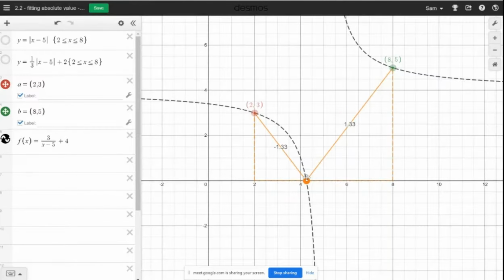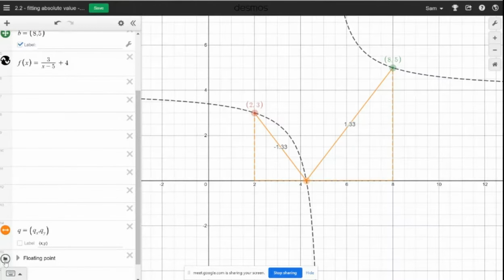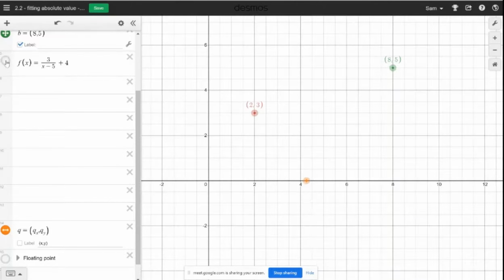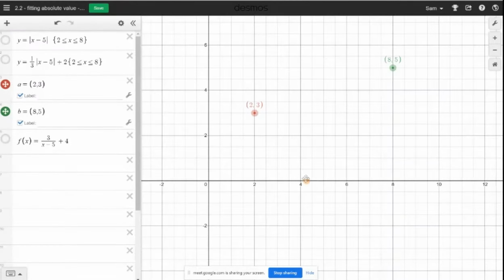Now, what do we actually do with this to write our absolute value function? We've found lots and lots of different x and y values that are going to work to be the vertex. But let's find one that we actually want to make our picture or whatever we're doing. So let's say we want the x coordinate to be 4.